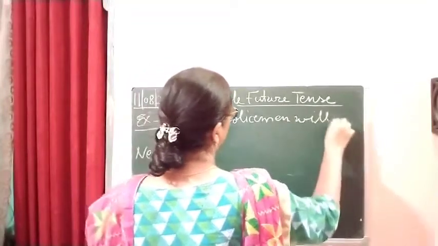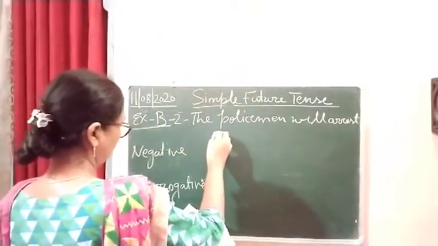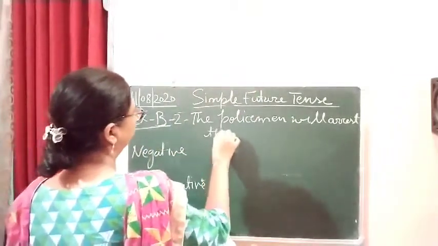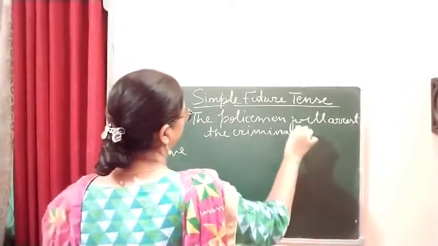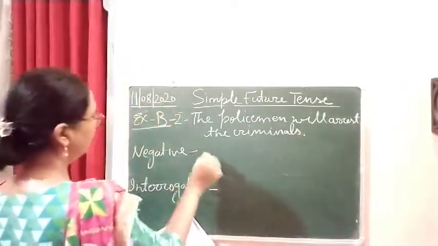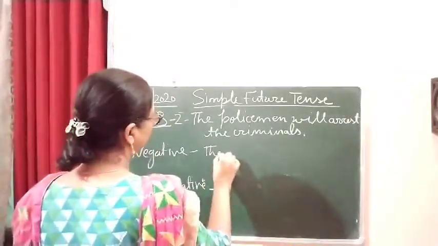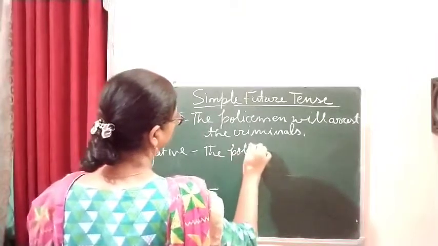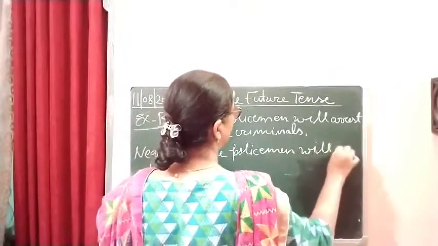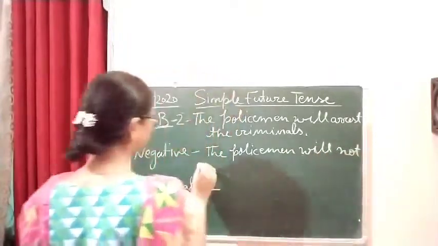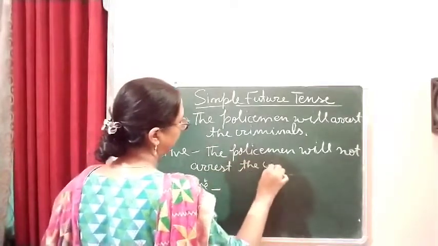First of all we are going to make the negative. The policeman will not arrest the criminals.